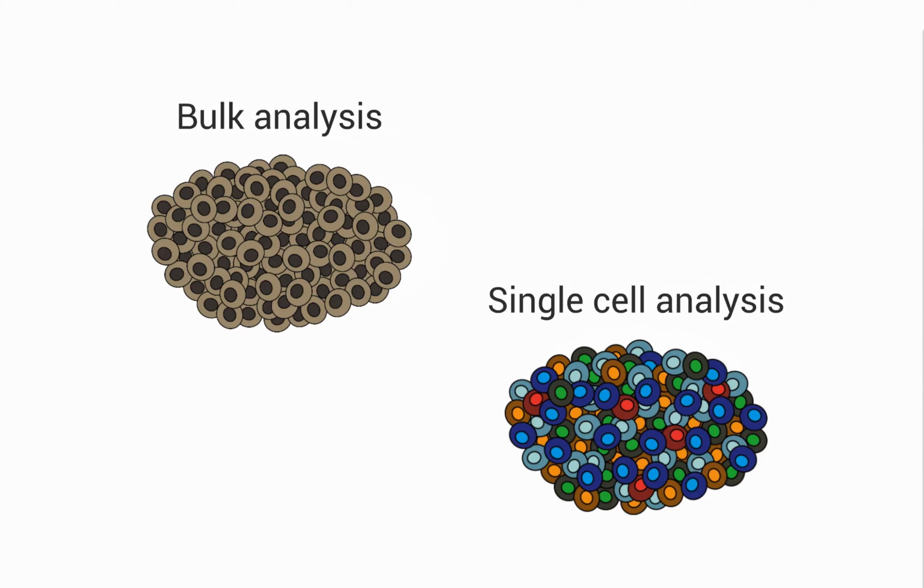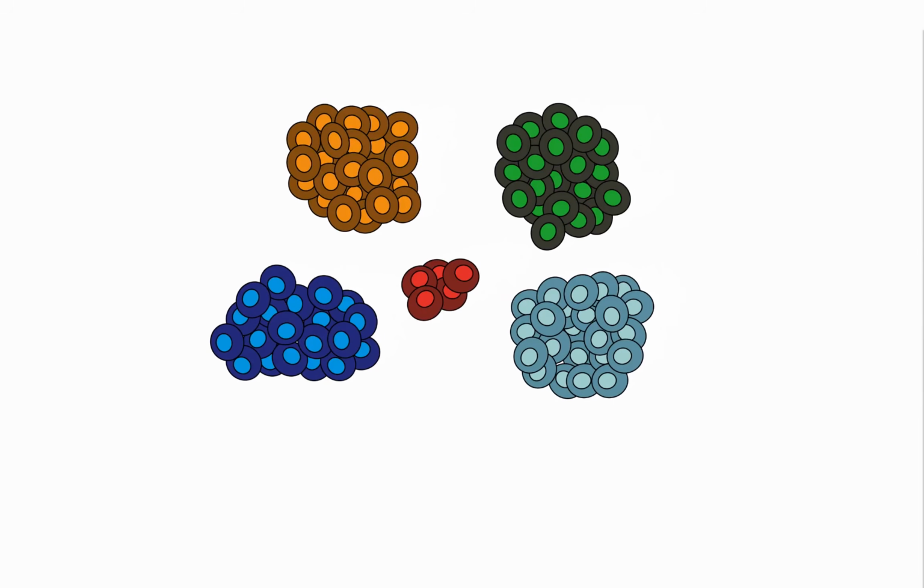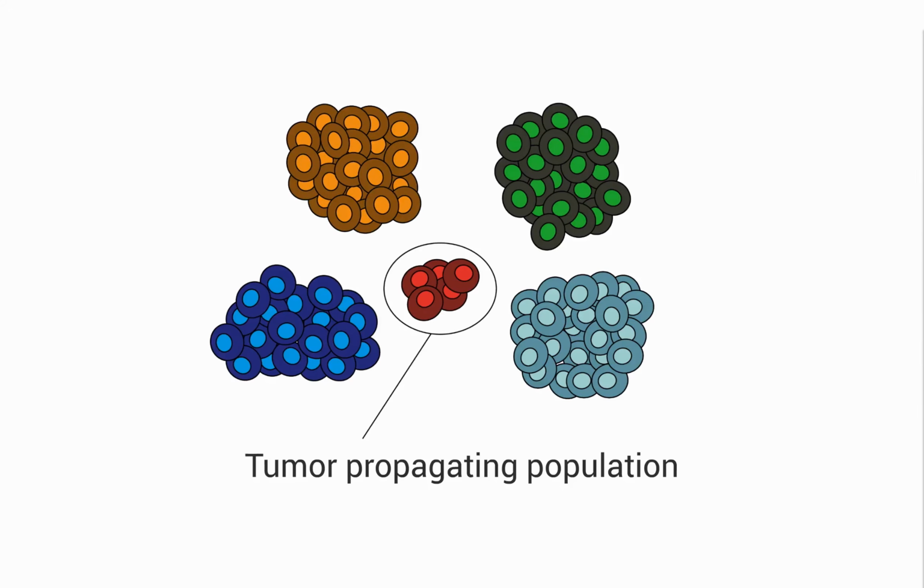So let me make one example that might begin to clarify how powerful single-cell RNA sequencing can be. By unraveling the different subpopulations within a tumor, we can identify the population that actually propagates tumor growth and progression. Knowing that tumor propagating population and its characteristics makes it a lot easier to find or design a very effective and targeted therapy to treat patients who are suffering from this specific tumor type.